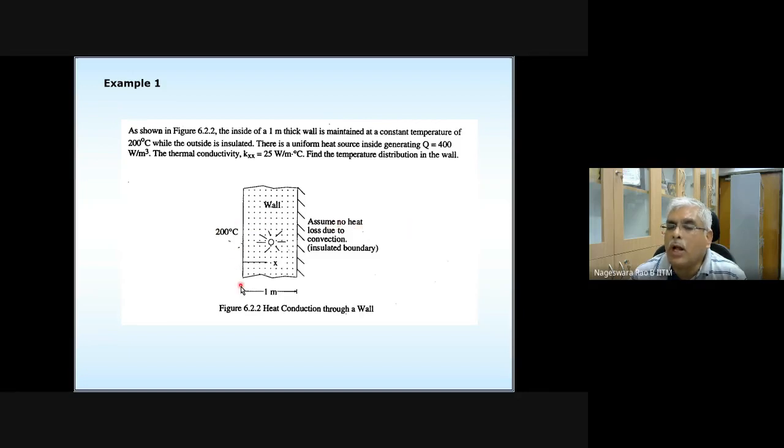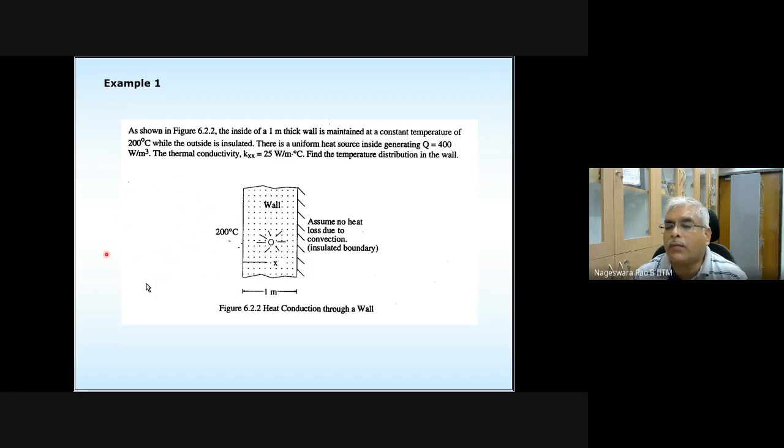So this wall thickness of 1 meter can be divided into, you decide how many elements you want to divide, and then solve it. Okay. So the information given, as shown in the figure: the inside of a 1 meter thick wall is maintained at a constant temperature of 200 degrees centigrade, while the outside is insulated. Sorry, whatever I told, this is inside, like a furnace.